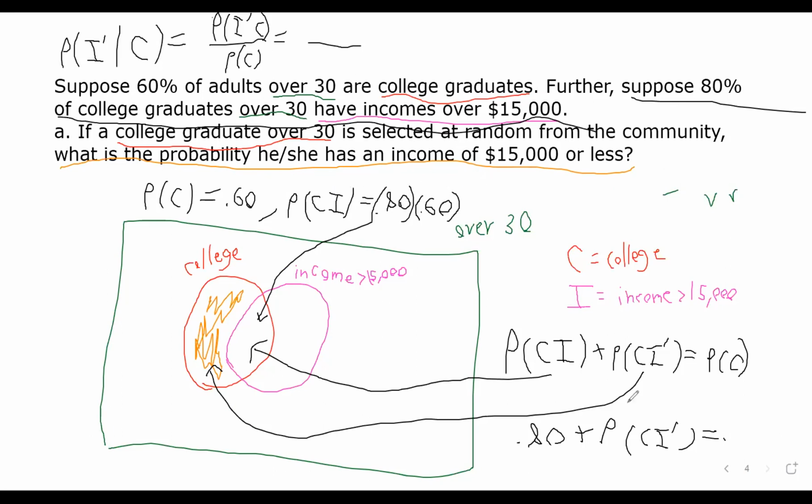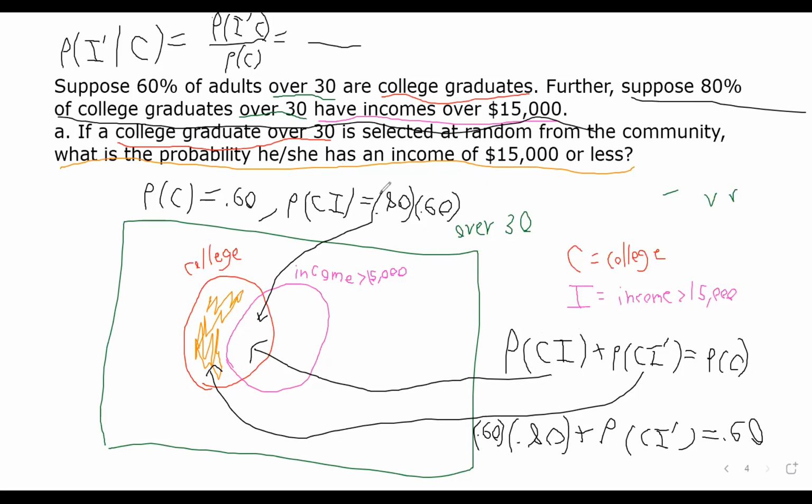So P of CI is 0.80 times 0.60. That is part of P of C, which is 0.60. The probability of this part of the red circle plus that part of the red circle is equal to the probability of the entire red circle.